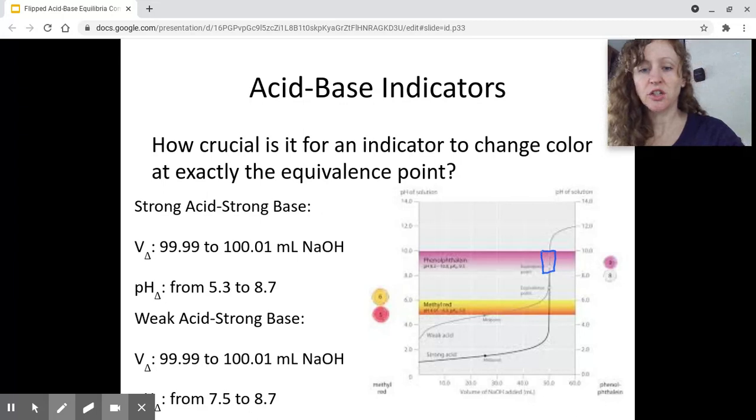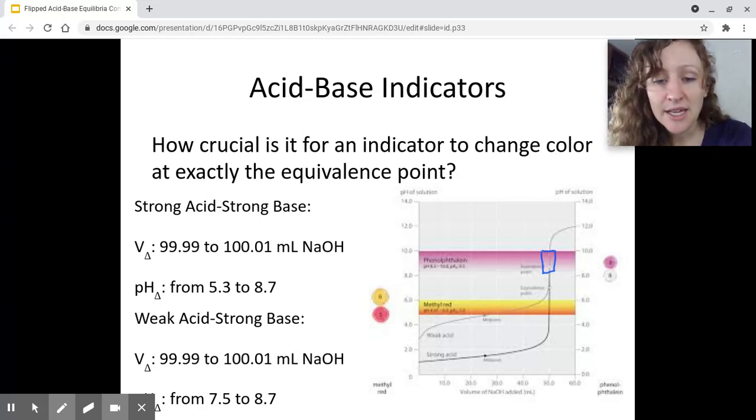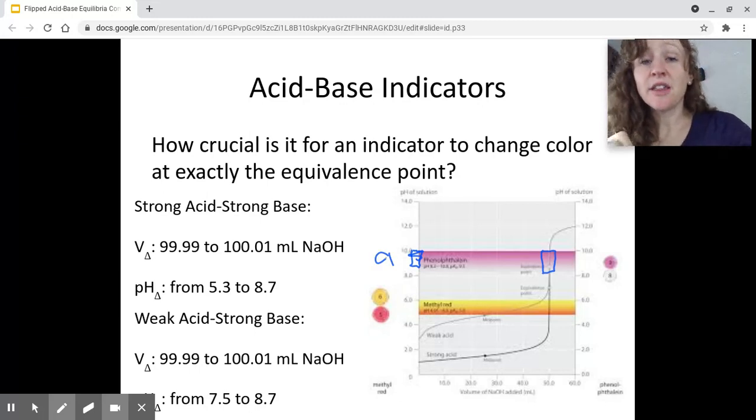If you do a titration, you'll probably do one with phenolphthalein. Phenolphthalein has an endpoint that occurs around a pH of 9, right? And we just saw that the equivalence point for HCl and NaOH is going to happen around 7, right? So can we use phenolphthalein with that one?